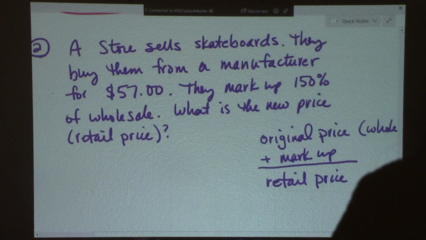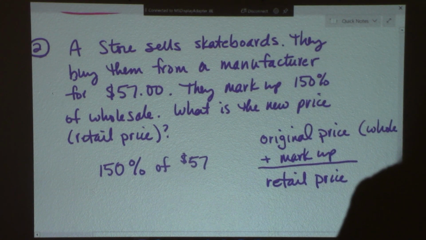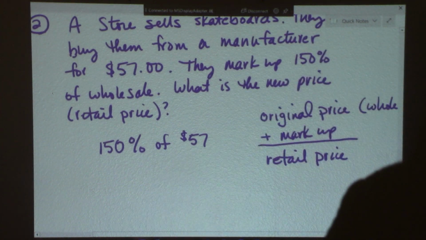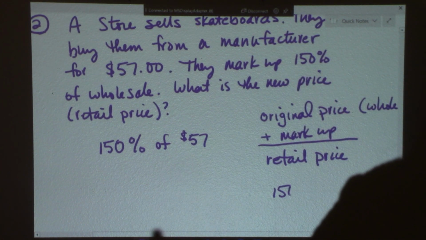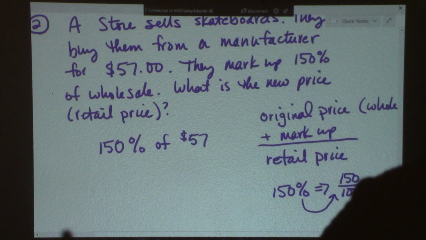The original price is $57. Well, I want to know 150% of $57. So what is that? That's multiplying. Now, remember, if I have 150%, that is the same as 150 divided by 100. I take away the percent sign and I divide by 100. Remember that? And that works out to be 1.50.